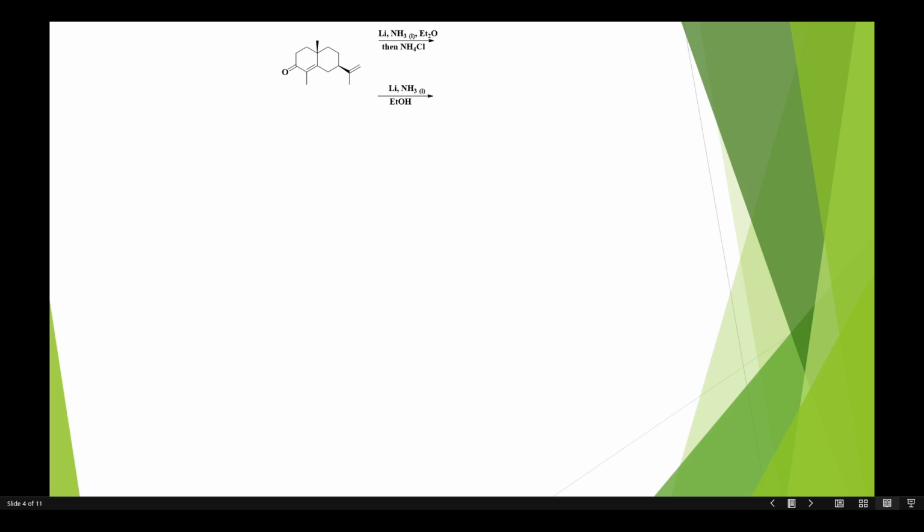Then just predict which product we will get in both cases. In the first case, what will happen? In the second case, what will happen?